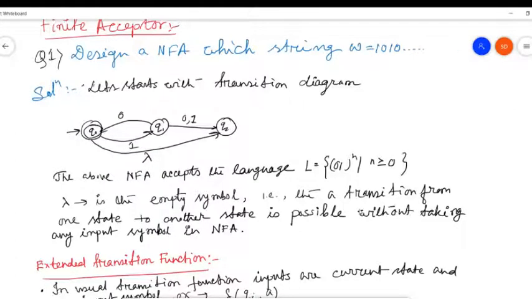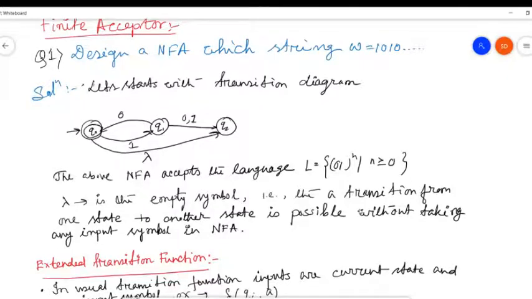Let's take another example where I have to design a finite acceptor which takes strings like 101010. That means the number of 0s and 1s will be the same. Again we start with the transition diagram.